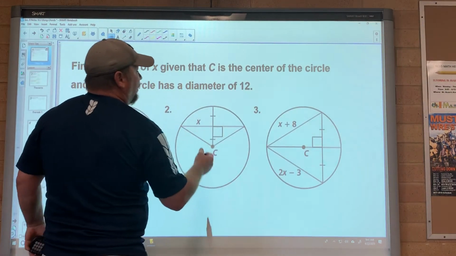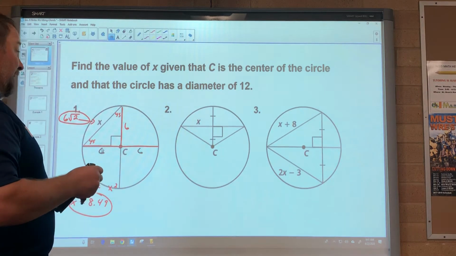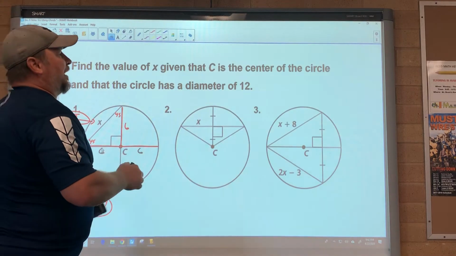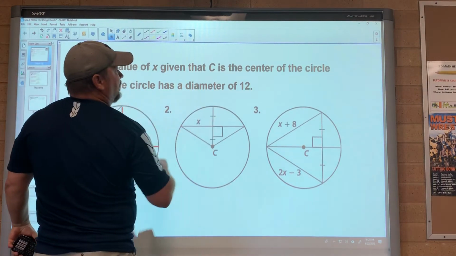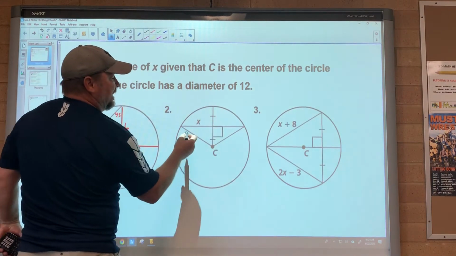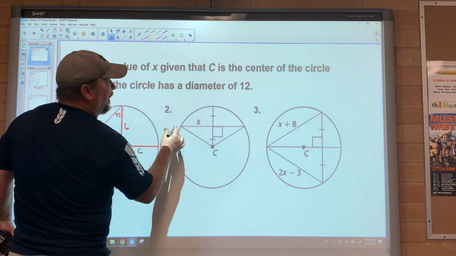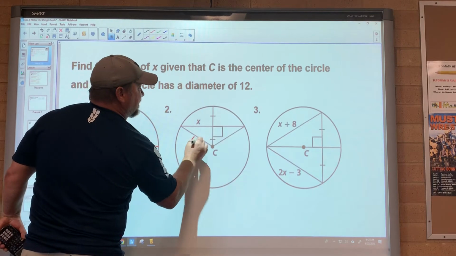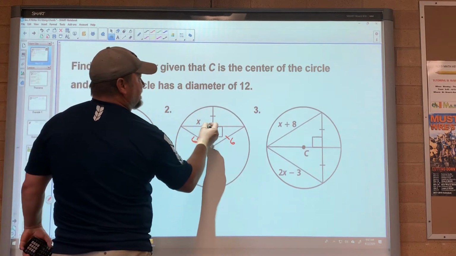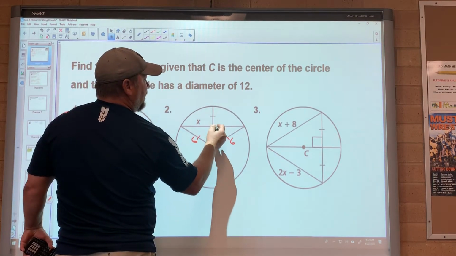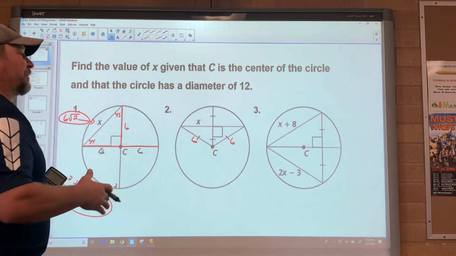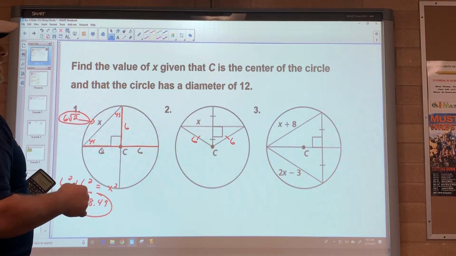Okay, here's a unique thing about this concept. 12 is our diameter, so this would still be 6 and this would be 6. Well, then this gets cut in half when this line comes to here. There are a couple different ways to figure out exactly how long this is.